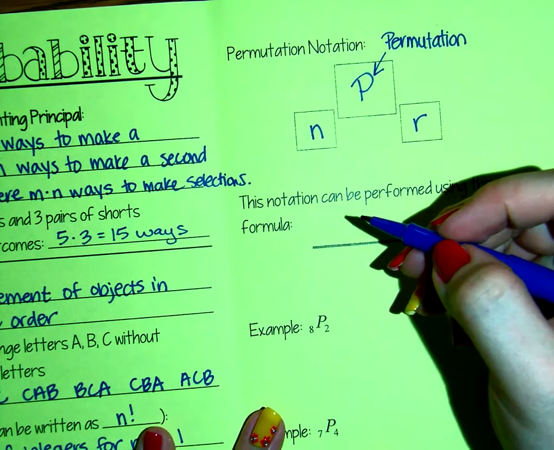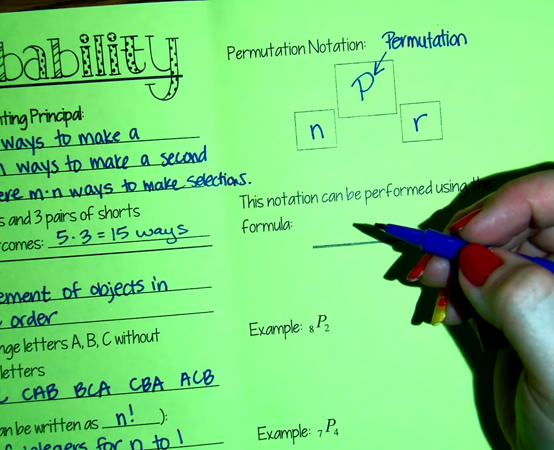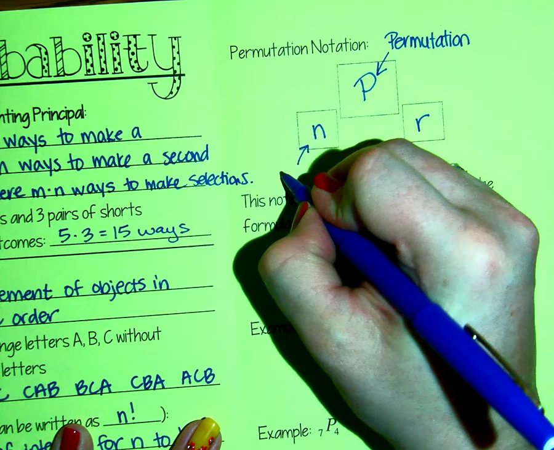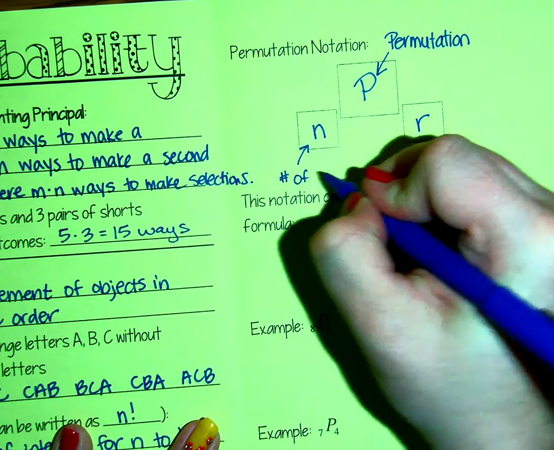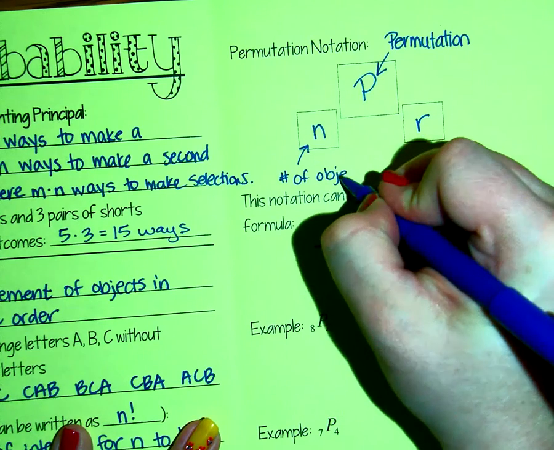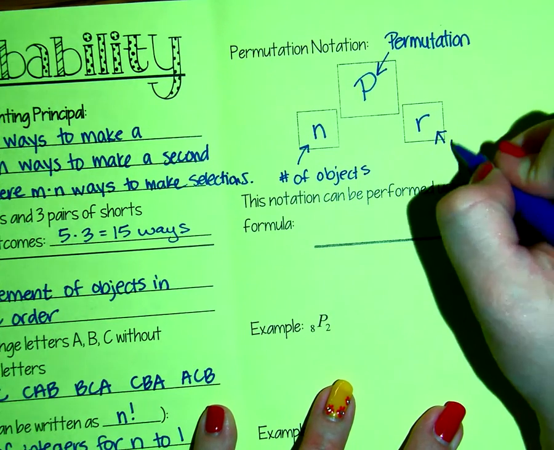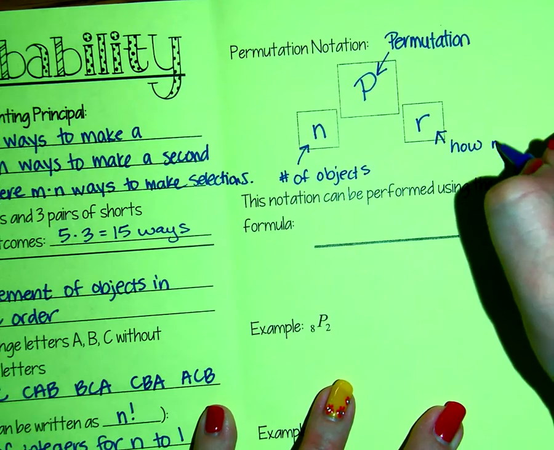The n stands for the number of objects, and the r stands for how many are arranged at a time.